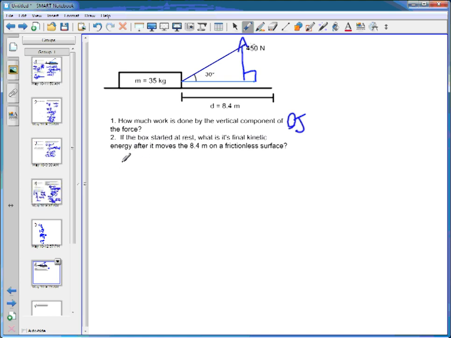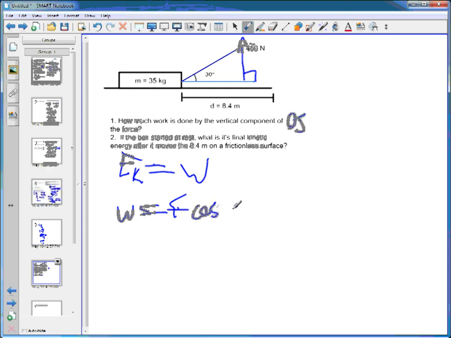So in this case, because it's a frictionless surface, kinetic energy is equal to work. And work is equal to F cos theta d.